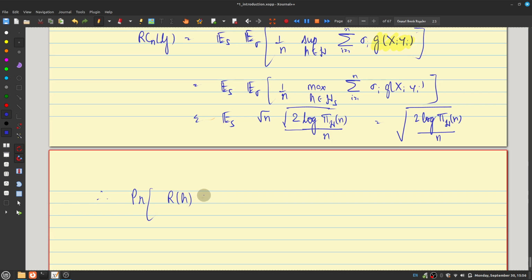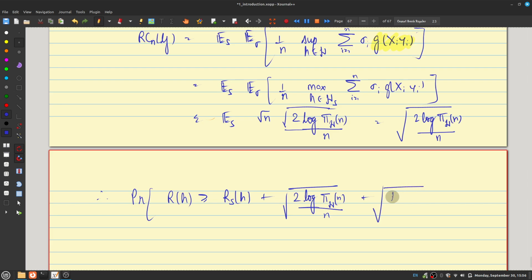So R of H is greater than or equal to R_S of H plus square root of 2 log of the growth function divided by n, plus square root of log 1 over delta by 2n. This is at most delta.